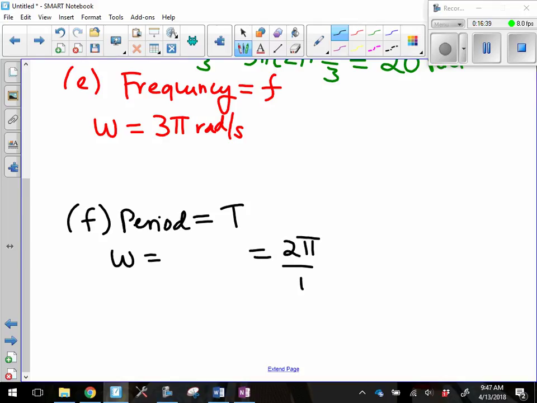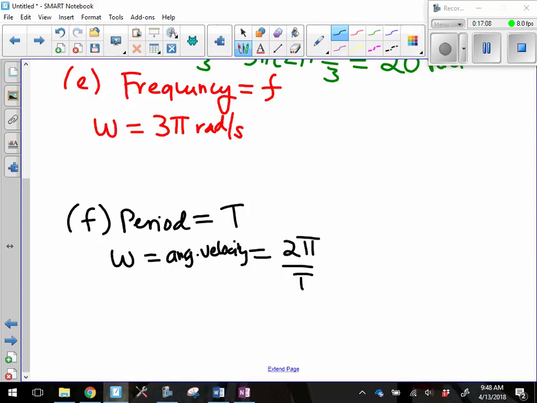Remember that omega is also angular velocity. And if I assume that my velocity is a constant, which I can't always do, but we'll pretend, then my angular velocity means that I go all the way around, which is 2 pi, in one period, which is the time it takes me to make one complete trip.